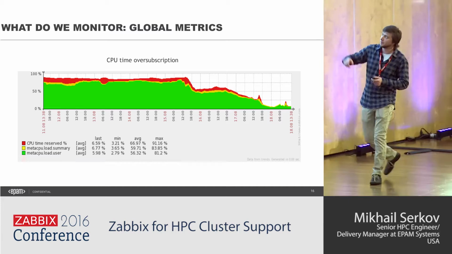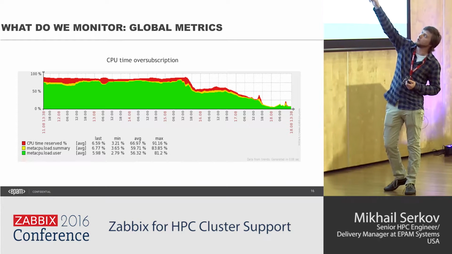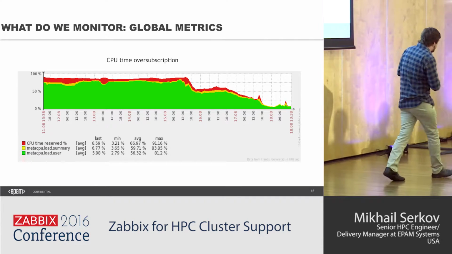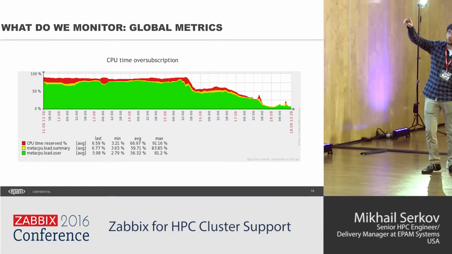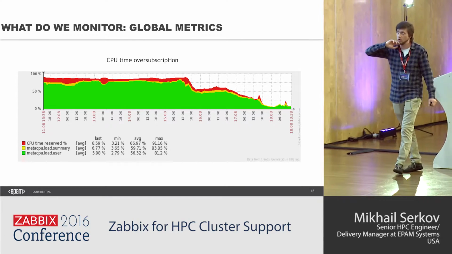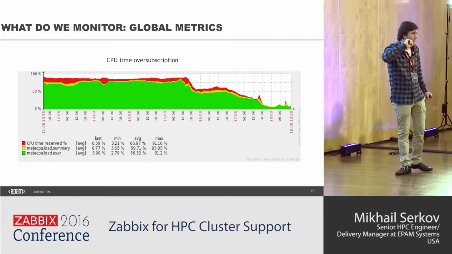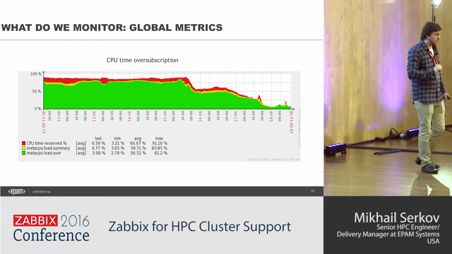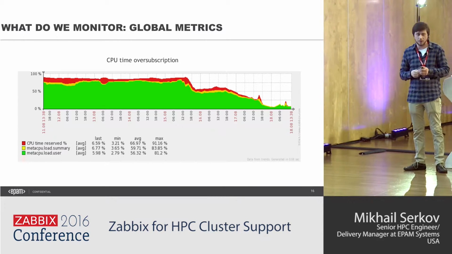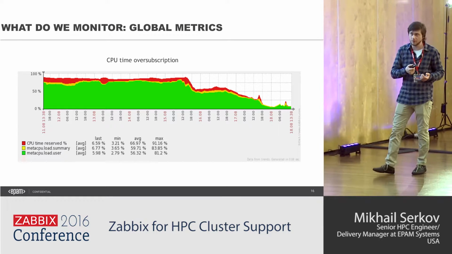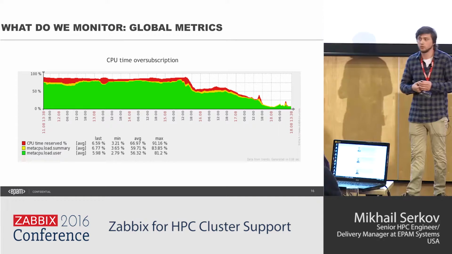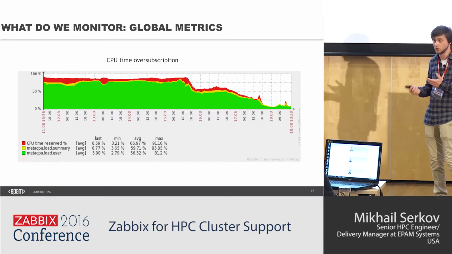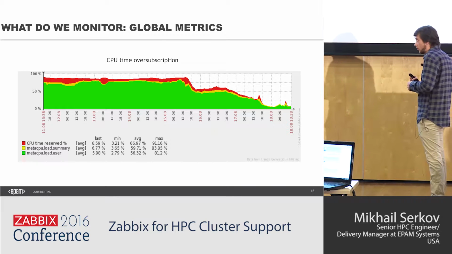When we see some fluctuation, we go and check why CPU utilization is so different. In some cases, we found a user who just didn't use his workflow well, and we can help him to improve the performance.